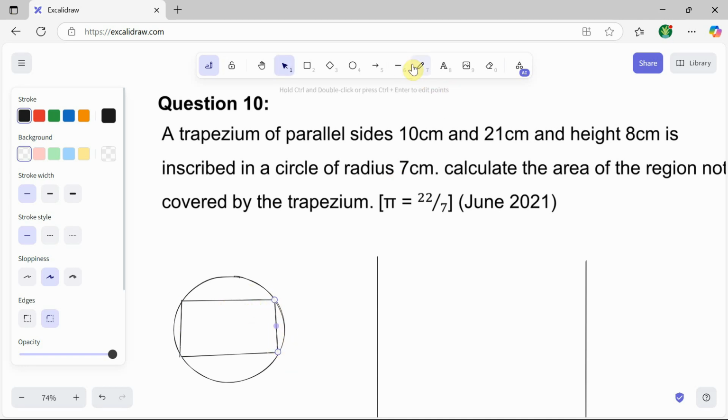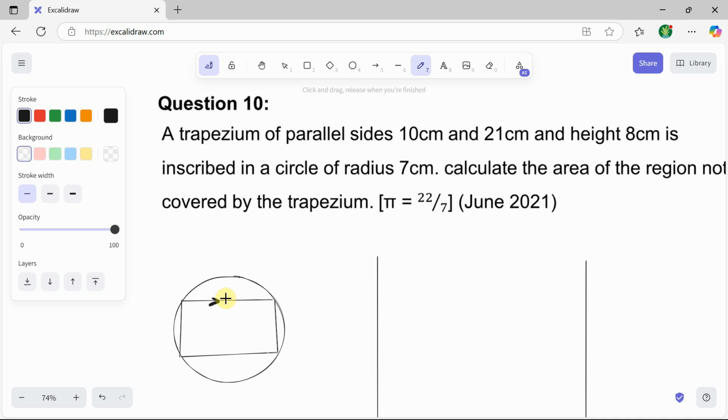Then of course for a trapezium, the bases are parallel. This side is 10 centimeters, this side is 21 centimeters. Of course, this is not drawn to scale, I have to say that. And the height is 8 centimeters.